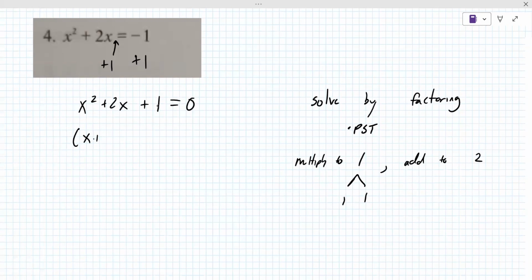So this becomes x plus 1, x plus 1. And the idea is if you were to FOIL this, you would go back to the previous line here. Now you set each of these factors equal to 0.